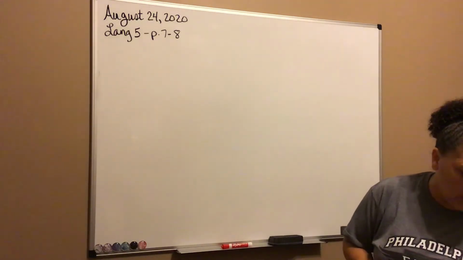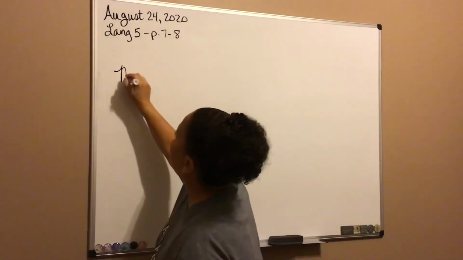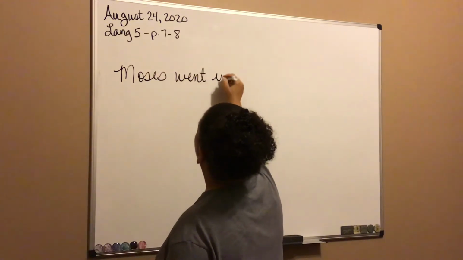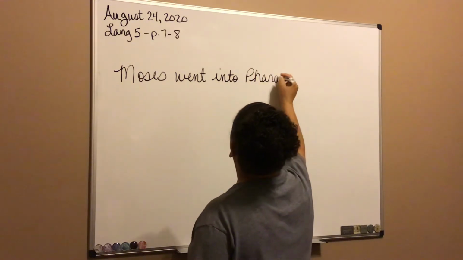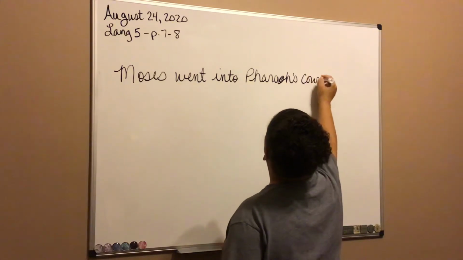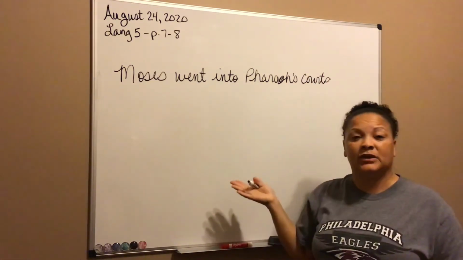So number 1 says, Moses went into Pharaoh's courts. Okay. So, what is the verb in this sentence? What is happening?